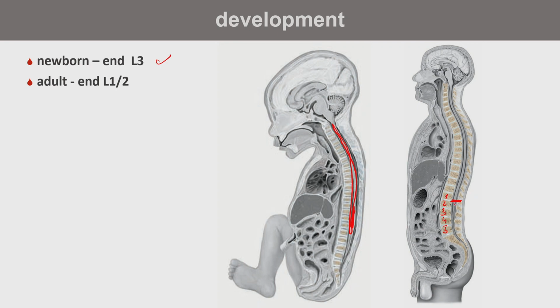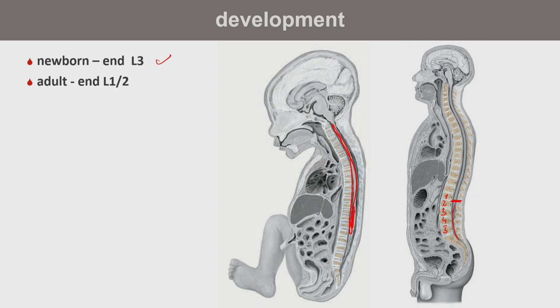Then the distal part of the spinal channel is filled by the dural sac, which contains not spinal cord but spinal nerve roots. It's important for many clinical applications. We will note some of them.